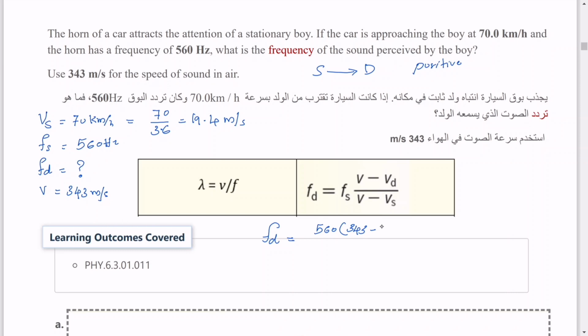So the speed of the detector is 0, divided by, again v, the speed of sound, 343 minus the speed of the source, that is 19.4, equals 560 multiplied by 343 divided by 343 minus 19.4.